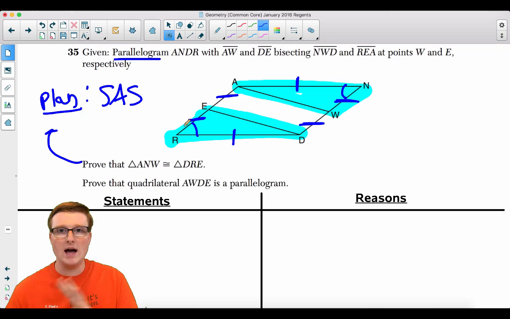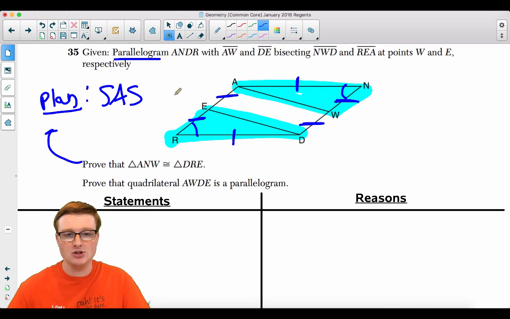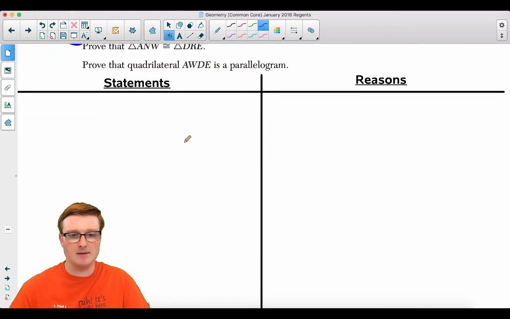And I'll explain why that is in the proof, but that's by side angle side. Then we're going to prove why the middle blank white section is a parallelogram. So without further ado, let's jump right into it.